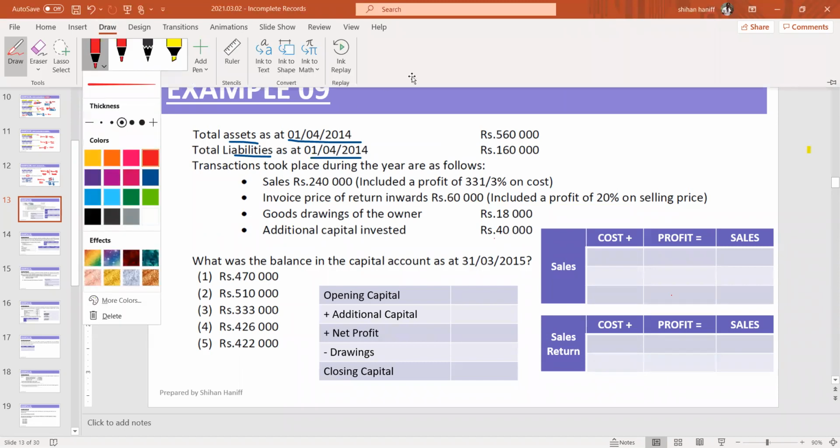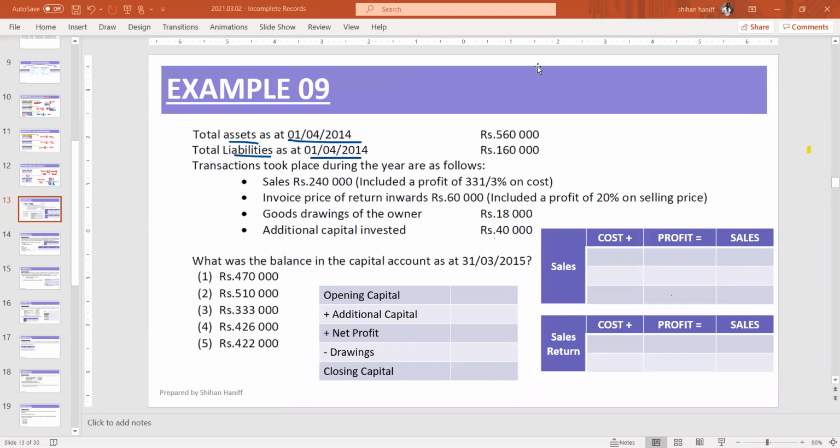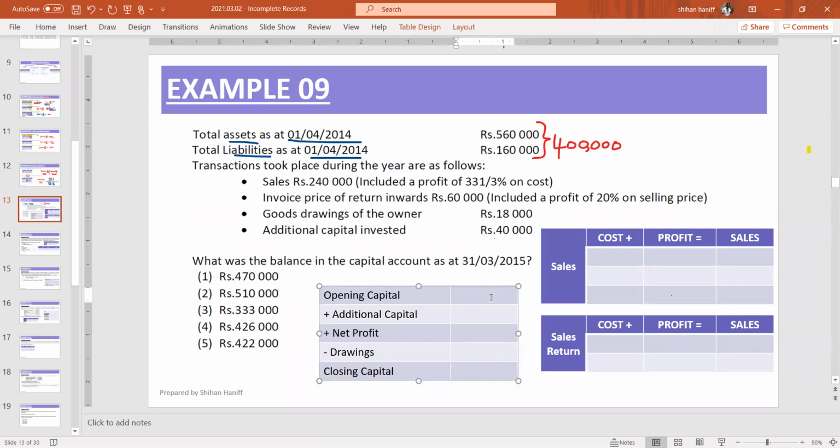The difference between these is 400,000. So we can write opening capital is 400,000.